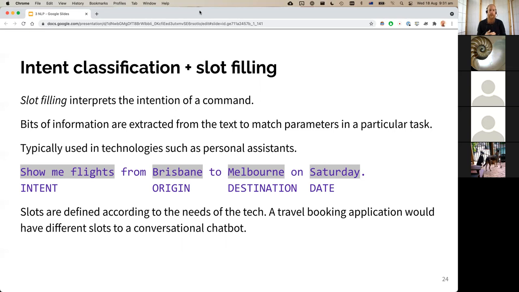So once the slots are filled, then the instruction can be passed on to the application. A travel booking application would have different slots to something like a chatbot or a calendar reminder, or if you speak to a music application, play me some music that I would like, then the intent would be play me some music.